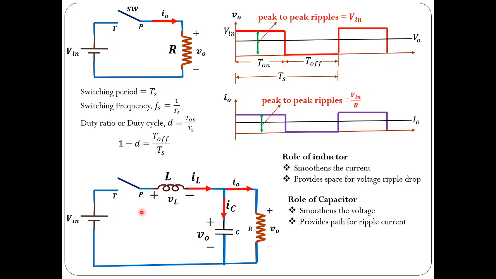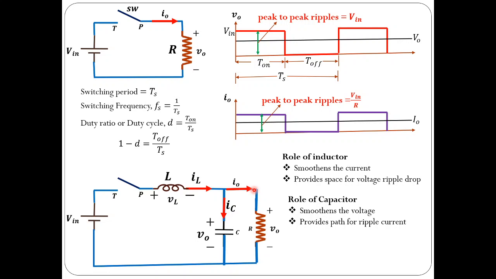But with respect to the output, there should not be any ripple in the current, right? So apart from smoothing the voltage, the capacitor also provides the path for the ripple current of the inductor. The ripple current takes this path so that the current through the load is more or less constant. This way the inductor and capacitor improve the performance of this buck converter.